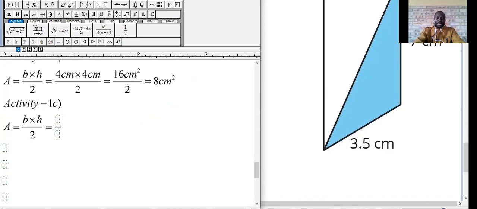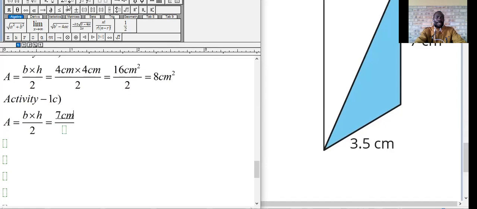So we are going to be having 7 still in centimeters, and we are going to multiply this by, all right, so let me first move this a little bit this side. So there we go. Well, I'm looking for a way of expanding this. All right, so there we go.